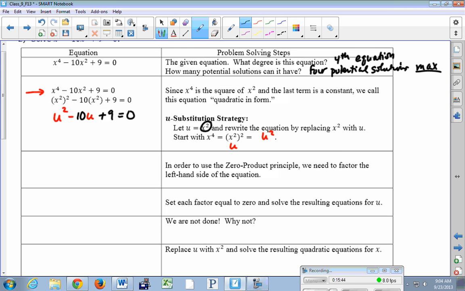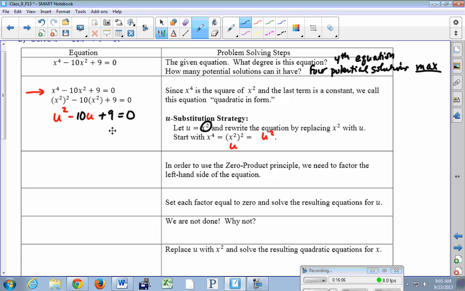So if at this point, Logan, if you wanted to use the quadratic formula to solve for u, you could. A is 1, B is negative 10, and C is 9. But I would suggest on this one, and anytime it's easily factorable, to factor it and use your zero product principle. So what are the factors of 9 that add up to 10?